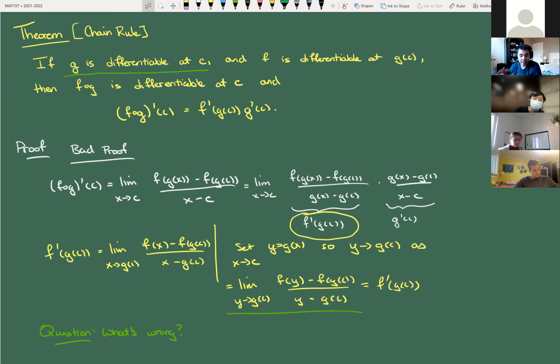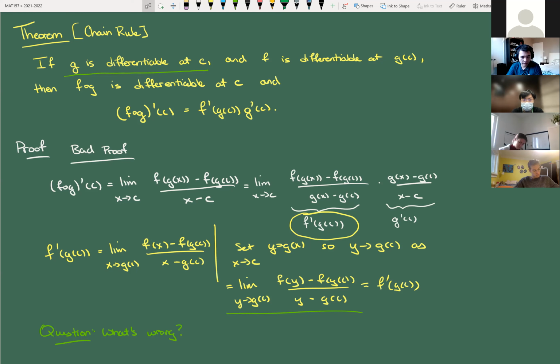The issue is that when I want to use change of variables, I can't just say let y be equal to g of x, and now y approaches g of c as x approaches c, right? If you go back and look at when we proved change of variables, there was a condition that needed to be true.